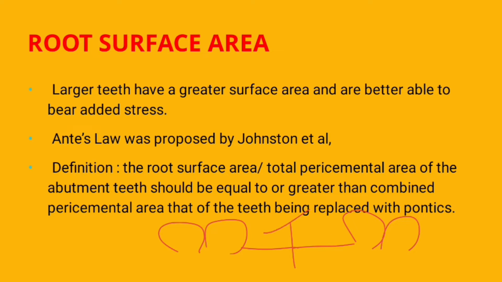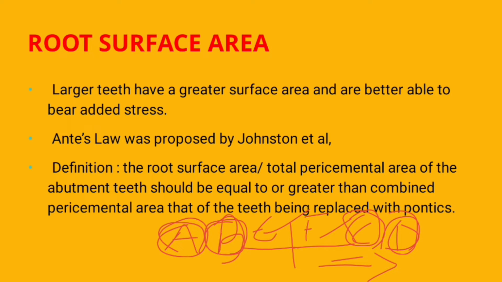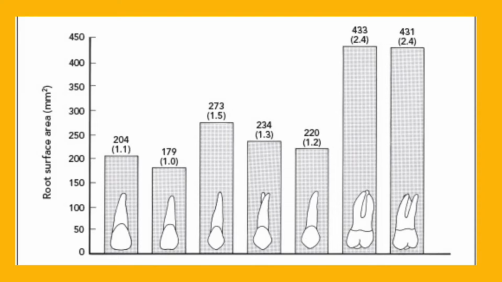Consider these are the 2 teeth to be replaced. So these 4 you're taking as your abutments. Now the combined periodontal ligament area of A, B, C, D must be equal to or greater than that of E and F. Okay. We must know the periodontal ligament area of every tooth so that we can calculate.